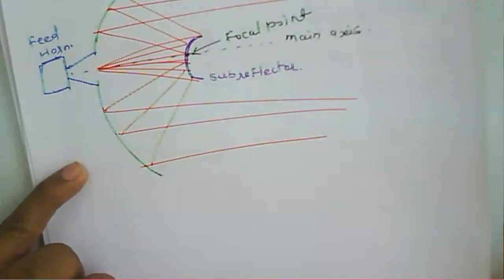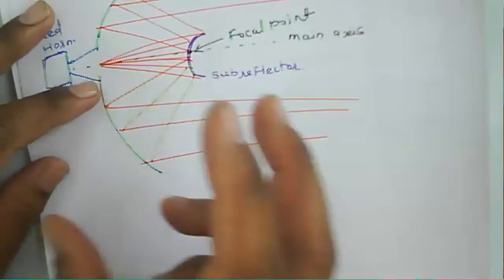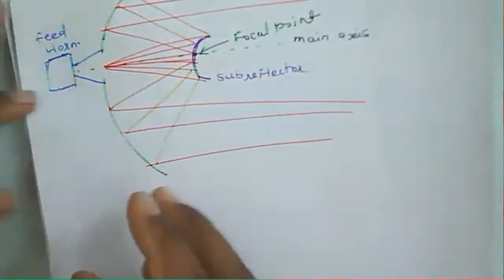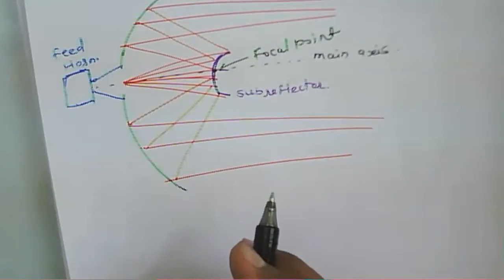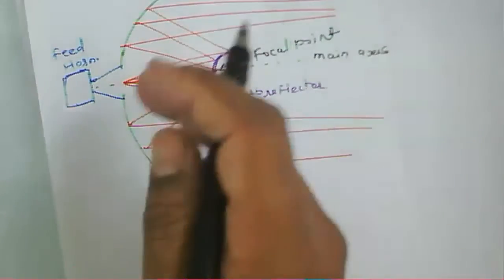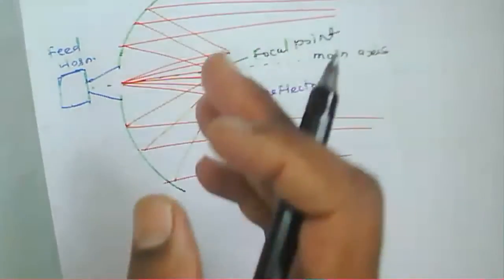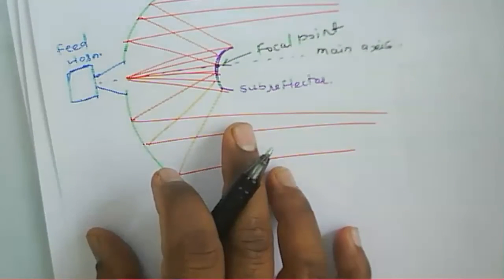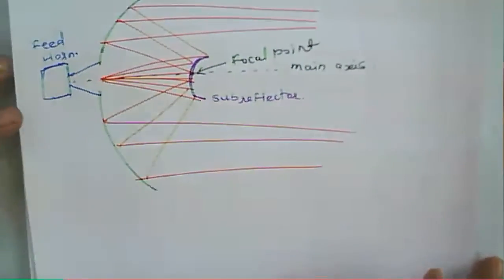It has two reflectors as compared to the primary focus antenna. So that's why this antenna has more accuracy as compared to the single reflector antenna. So that is about the Cassegrain antenna.